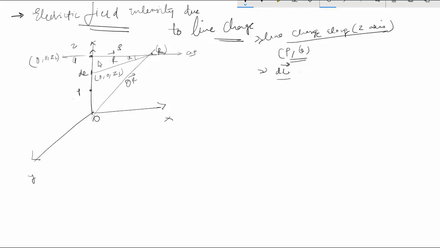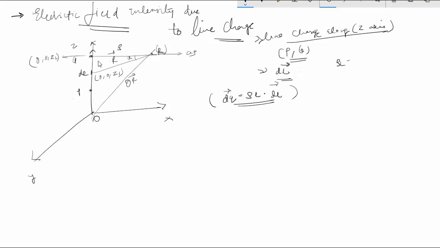So by line charge density, I can say that my charge dq is equal to the line charge density times the distance. So this is my infinitely small charge.